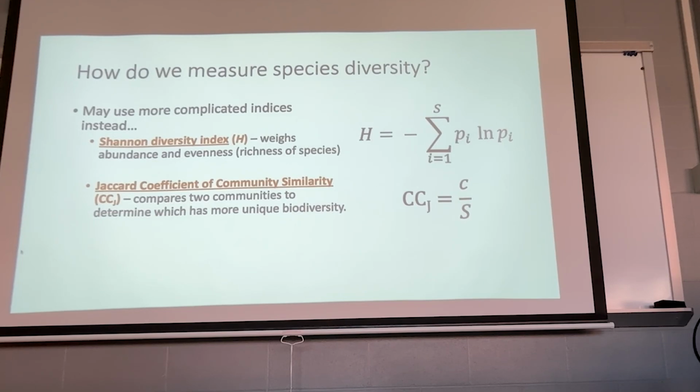So let me give you an example. If you have a community that has 1,000 individuals in it, that's all the community can hold, 1,000 individuals, right? If you use evenness and you evenly distribute the species across that 1,000, you're going to have a lot more species than if you do it unevenly, right?